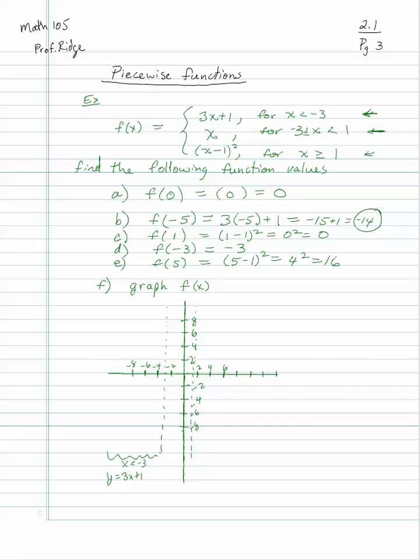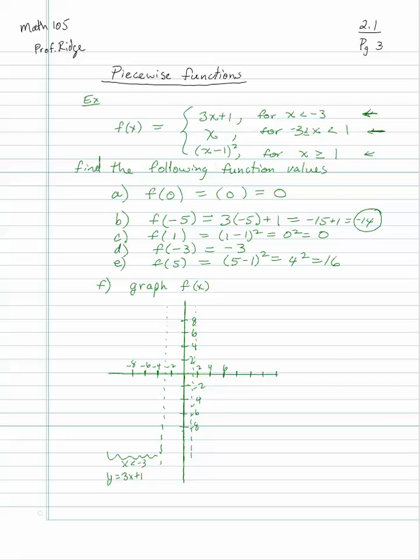And so what I normally do is I graph the line and then just erase the portion that's to the right of that vertical line, x equals -3, this dotted one I put. You can't see what I'm doing, but you know the y-intercept's 1, and I'm going to go up 3 to the right 1, or I can go down 3 to the left 1.